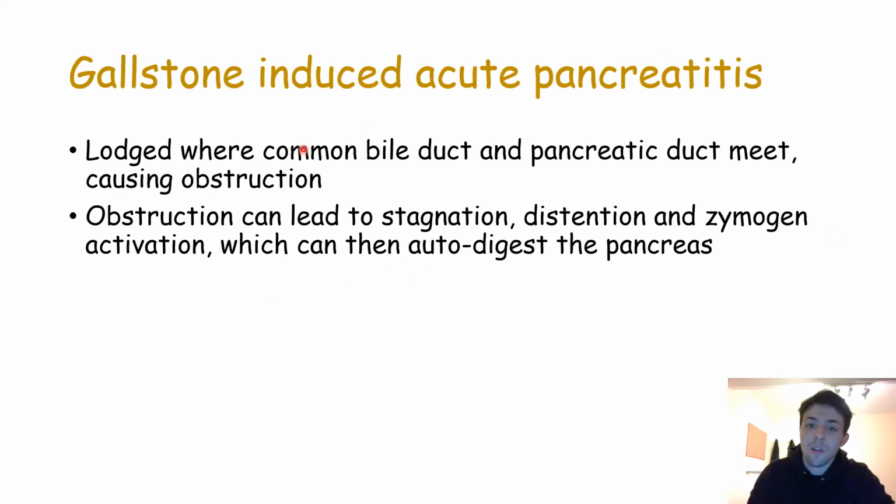Now, when it comes to gallstones causing acute pancreatitis, this is mostly because the gallstone itself can become lodged in the bile duct, and this can cause obstruction and distension of the bile duct. The stagnation and distension can also lead to activation of the zymogens while they're still inside the pancreas, which again would cause the autodigestion of the pancreas.